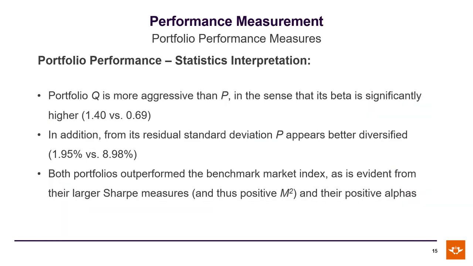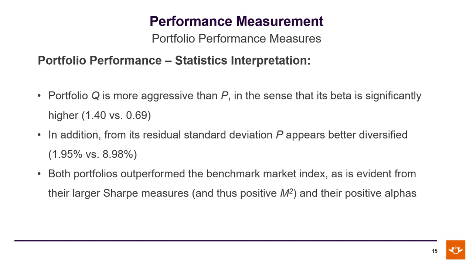So looking at the statistics from the previous table, we can draw a few conclusions about P, Q, and the market portfolio M. In looking at betas, we can conclude that portfolio Q is more aggressive than P. In fact, it's more aggressive than the market. And P seems to be a much more defensive sort of portfolio with a beta of 0.69, which is less than the market beta of 1.